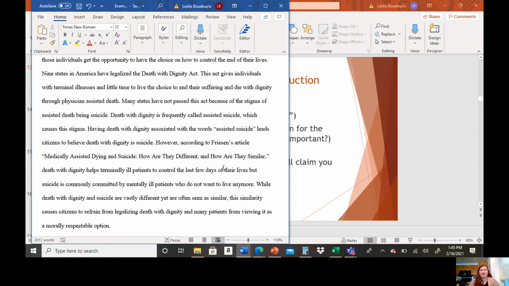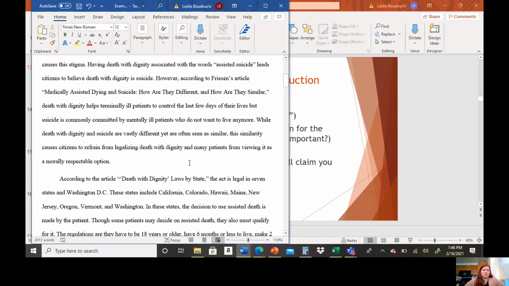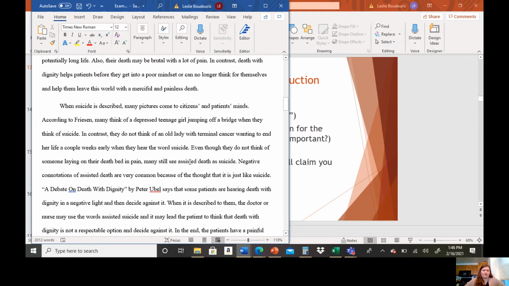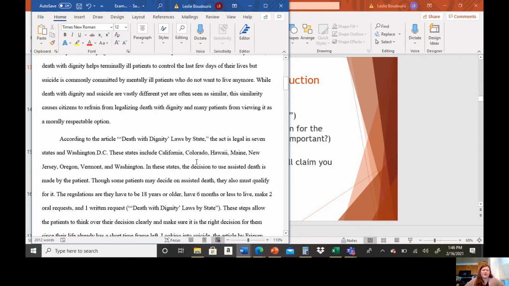So somebody says assisted suicide is right or wrong, or assisted suicide should be legal or illegal. What this student is doing, this is just from last semester, instead of going one way or the other, is analyzing language and using that in order to find that gray area. So this is a great example of breaking out of that binary, and also a great example of not writing a 5-paragraph essay, which are two very difficult things to do.